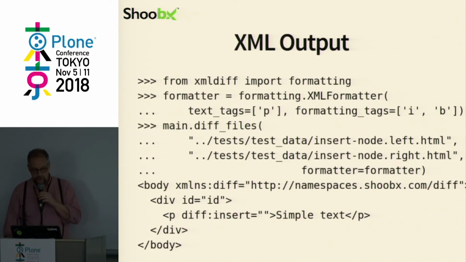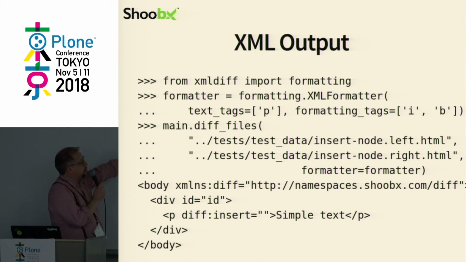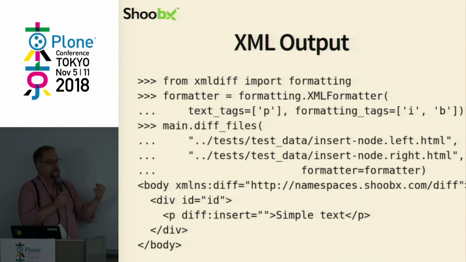But of course, you usually want this XML output. You want the formatter, and then you specify that. So you import the formatting, say XML formatter here, and here I've defined that the P tags have formatted text, and the formatting tags inside of that are I and B. Everything else that is not formatting tags will not get this format inserted, but just a normal insert, and will also be treated as one whole tag, including the contents of it, and replaced.